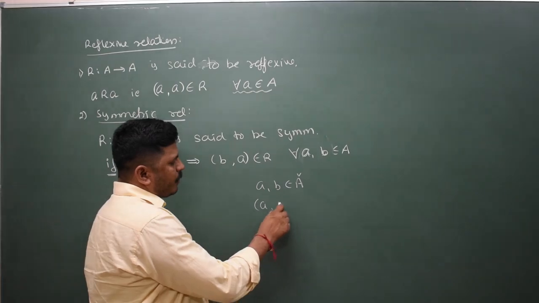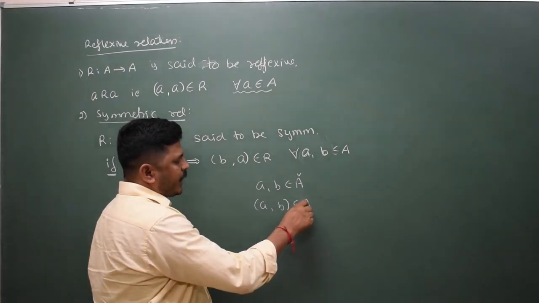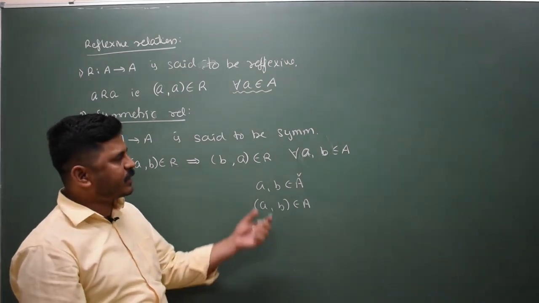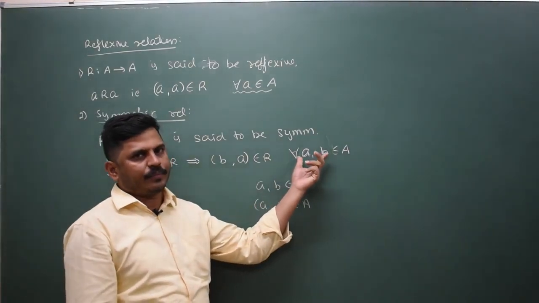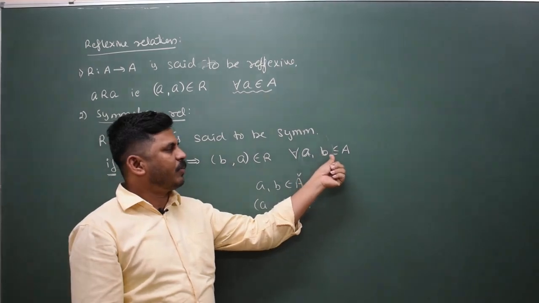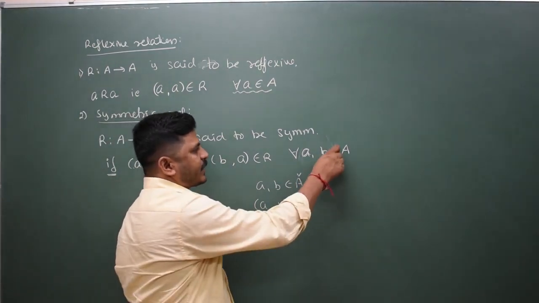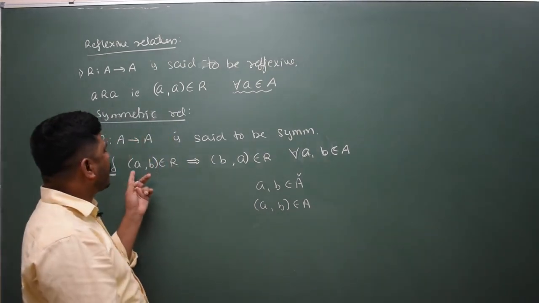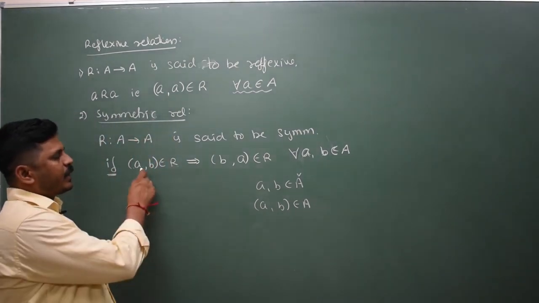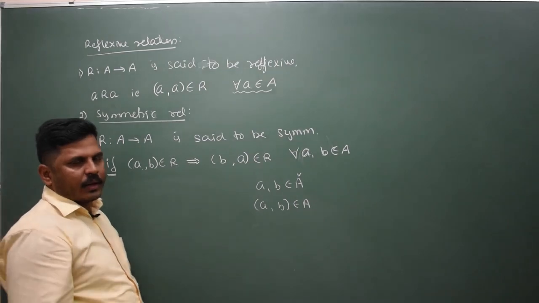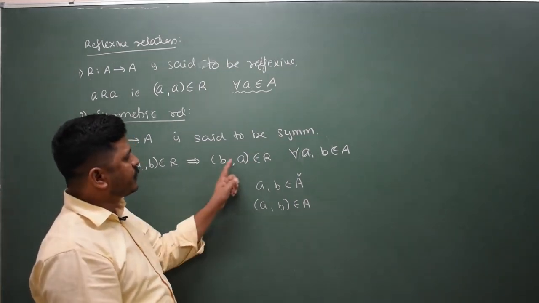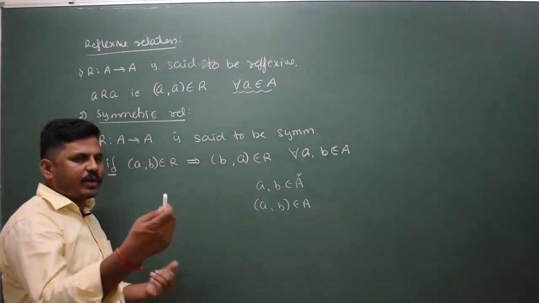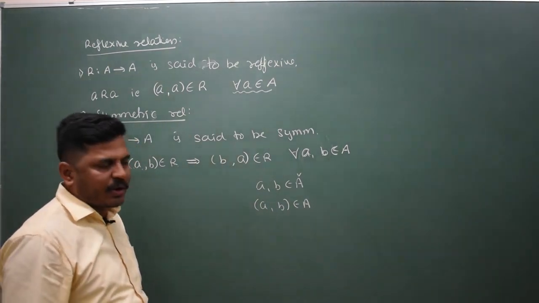A comma B belongs to A means A is a set. If you take any two elements in the set and they are related, if A is related to B, then B must be related to A. If A is not related to B, then no need to think about whether B is related to A or not.